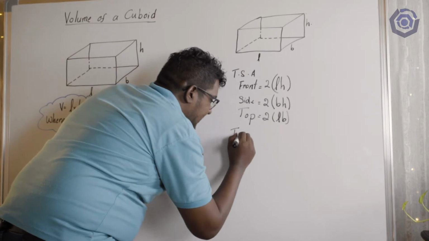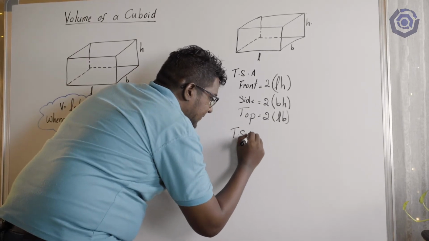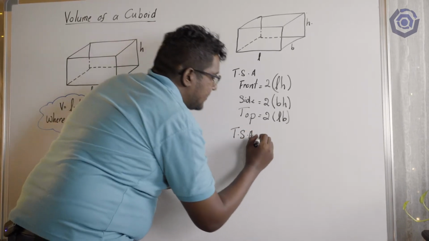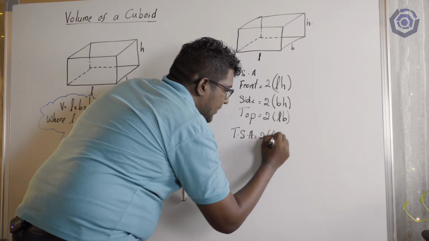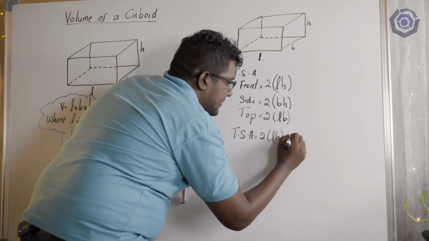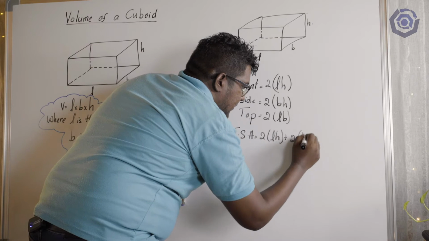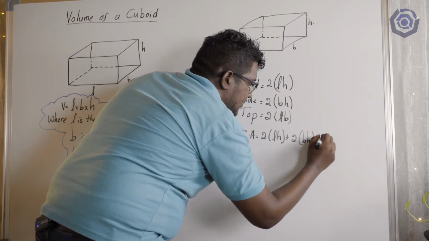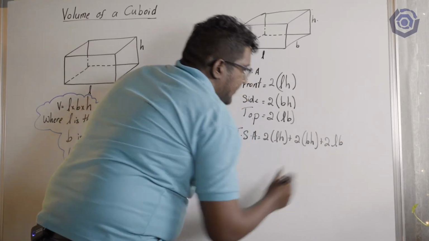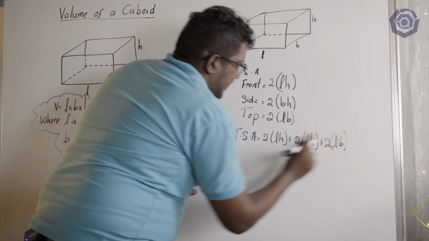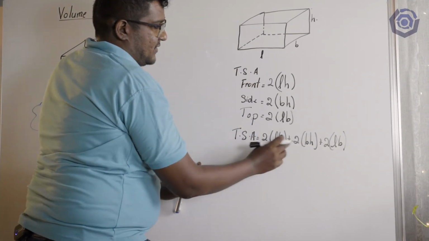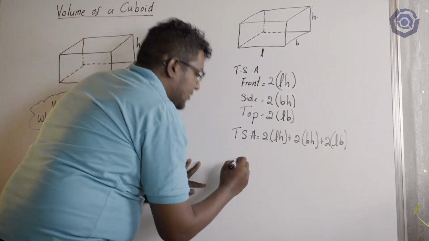So the formula would be total surface area equals 2LH plus 2BH plus 2LB. And if you look at it, each term has the 2 in common, so we can factor out the 2.